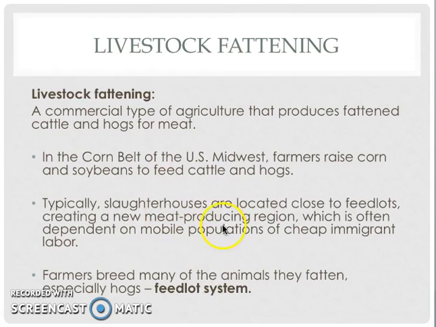Typically, slaughterhouses are located close to feedlots, creating a new meat-producing region. Feedlots, which we'll see a picture of shortly, depend on mobile populations of cheap immigrant labor. Working conditions in these operations are very tough, and farmers may breed many of the animals they fatten, especially the hogs.